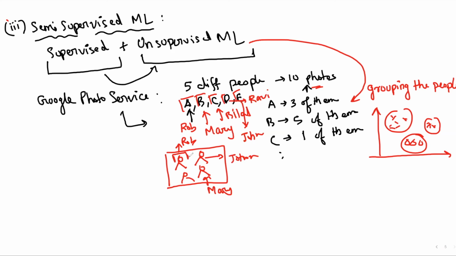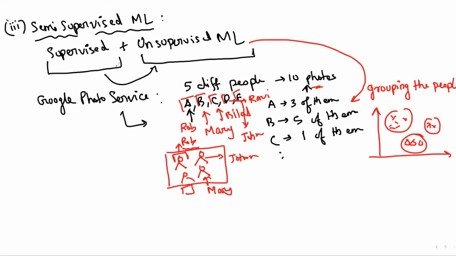You can easily mark them, right? You have seen this on Facebook as well. When we click a photo and paste it, and your friends are in that photo, they will easily mark their names, right? And for the unknown, they will not mark it because they don't know.